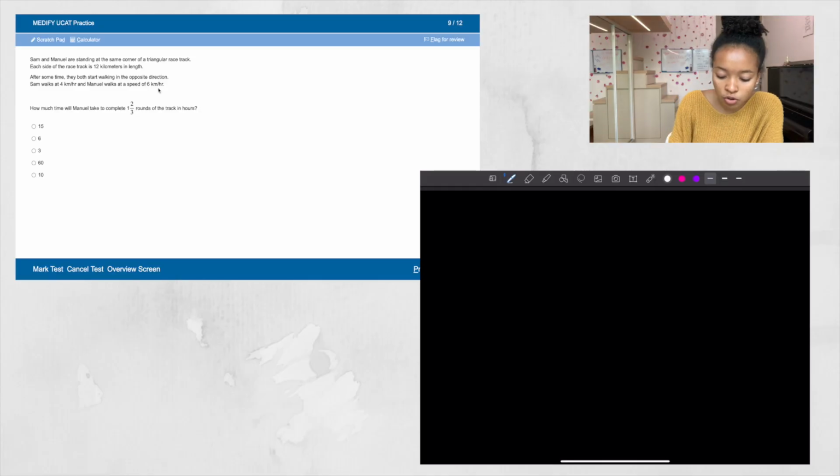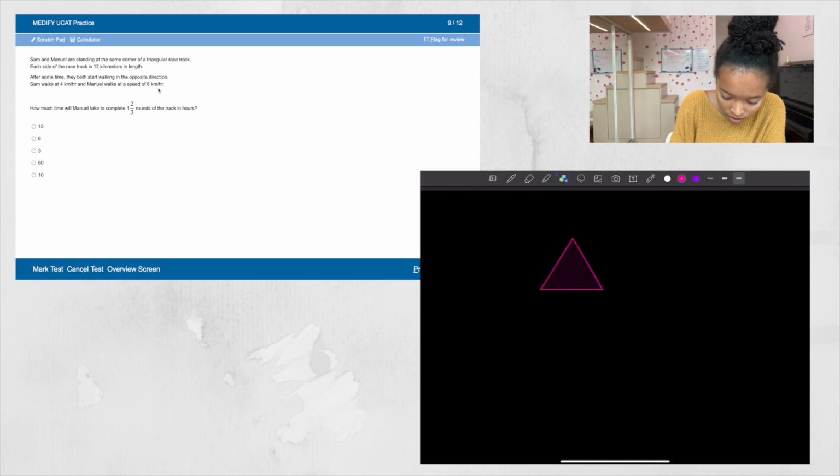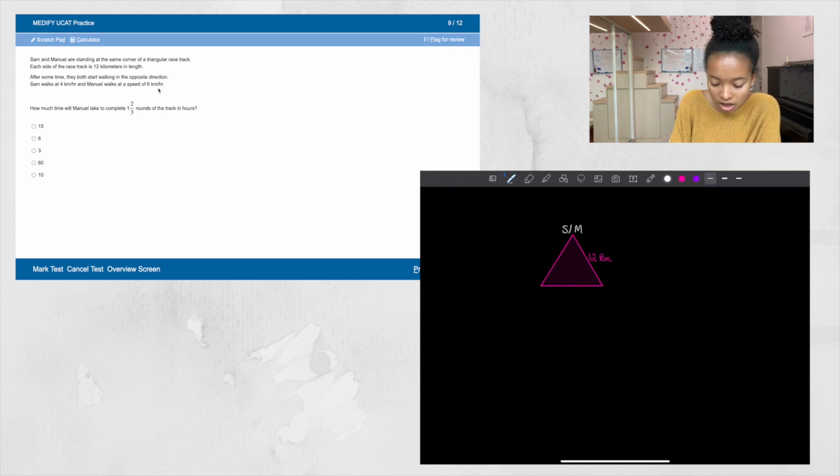So the first thing that I'm going to do here is draw out the situation. So we have an equilateral triangle, where each side is 12 kilometers. Then we have Sam and Manuel, both at the same corner of the triangle.